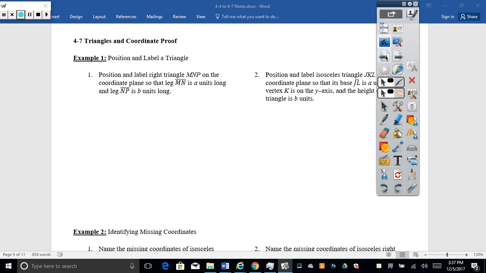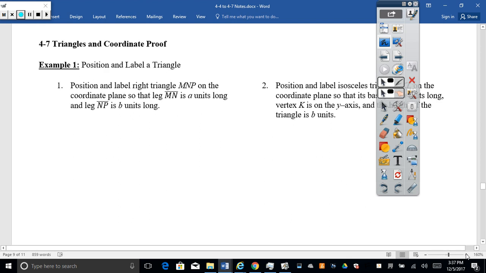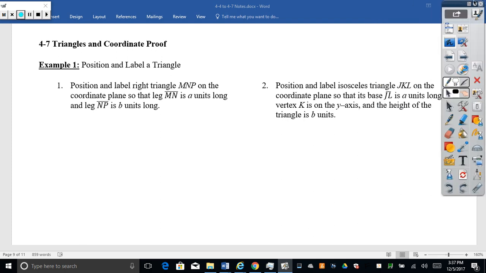Now, up until this point in math in general, you guys have been working with the coordinate plane, and you know how to identify a point on the coordinate plane. So for example, if I have a coordinate plane, graph 1, 2. 1, 2, there's my point, okay?